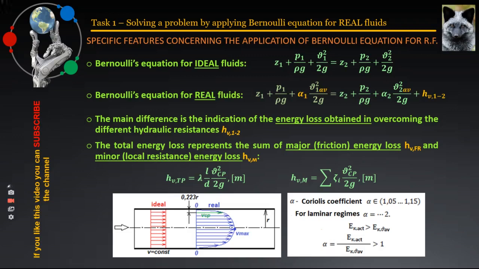For turbulent regimes of movement, such as in the task of our interest, this coefficient varies in the range from 1.05 to 1.15. Therefore, the practice is to work with its average value, which means 1.1. Just for information, for laminar flows, it can also reach a value of 2. I hope that now it is clear, and so we can move on to the solution of the certain task.